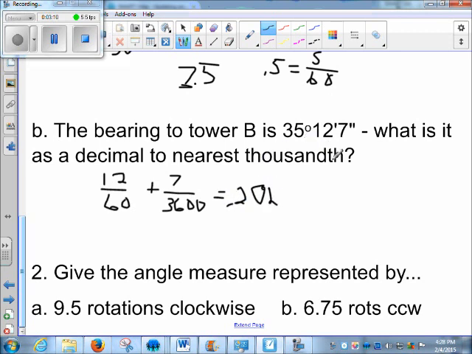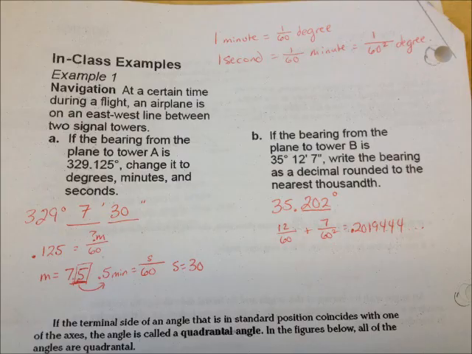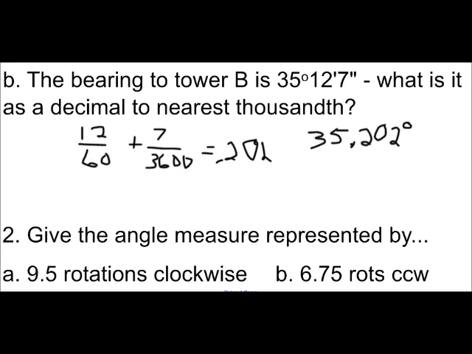And again, the whole number part stays the same. That's just 35. And then our minutes and seconds are going to turn into fractions of a degree. So 35.202 seconds. And by seconds, I, of course, actually meant degrees.